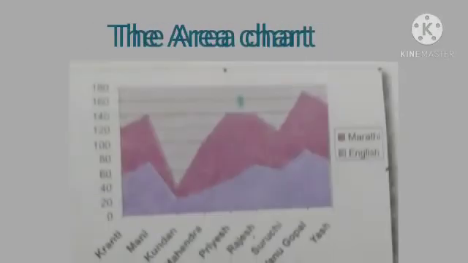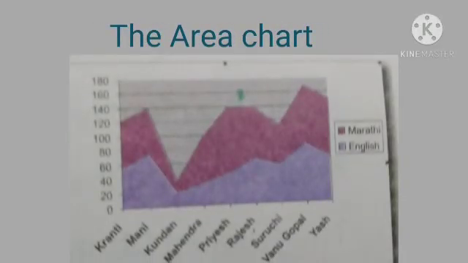The area chart. An area chart is similar to a line chart with one difference: the area below the line is filled with a color. Both a line chart and an area chart show a trend over time.